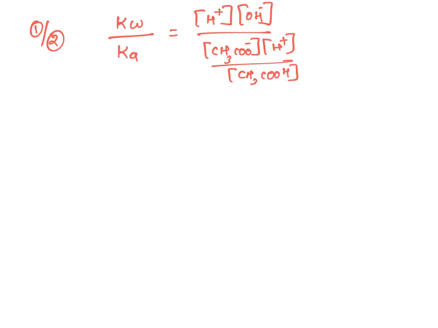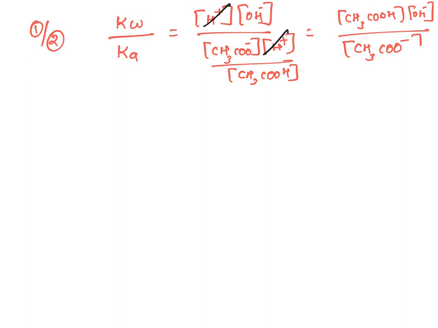So I can rearrange this expression. There is a common H plus that I can cancel, so this entire term will come in the numerator, and OH minus by CH3COO minus.